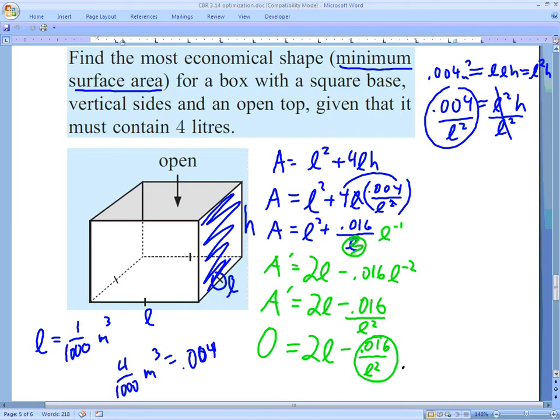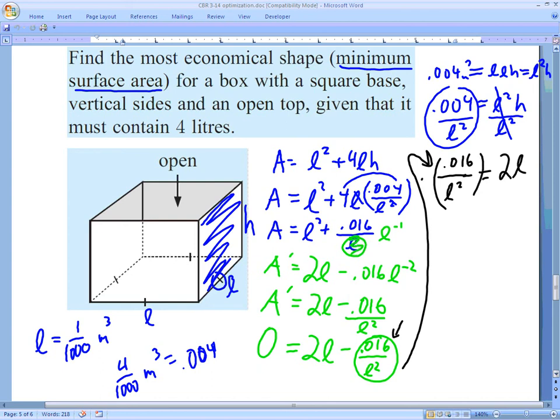So what I'm going to do is move the negative term to the other side of the equation. So I have 0.016 over L squared, and now it's positive, equals 2L. And I'm going to multiply both sides by L squared to get rid of those.